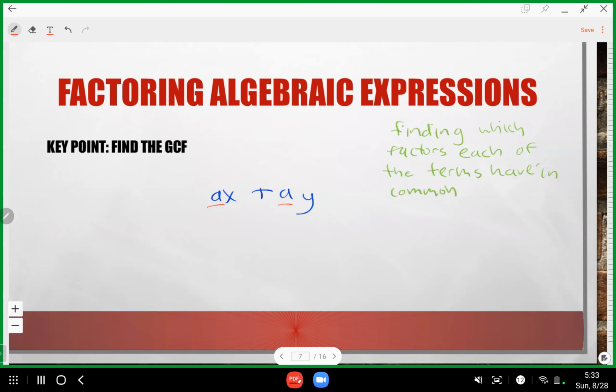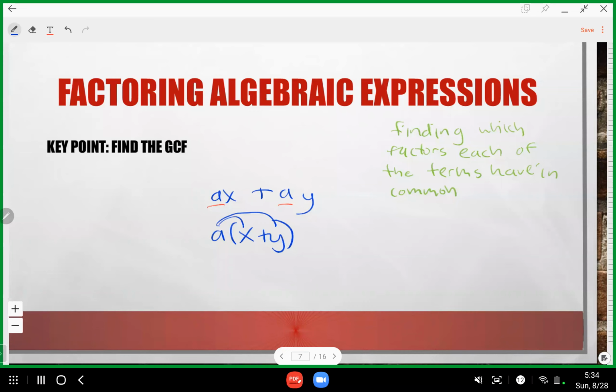We're going to rewrite this as a times x plus y. If you use the distributive property to multiply it again, you can see that it's exactly the same. We're just dividing a from each of ax and ay and pulling it out.